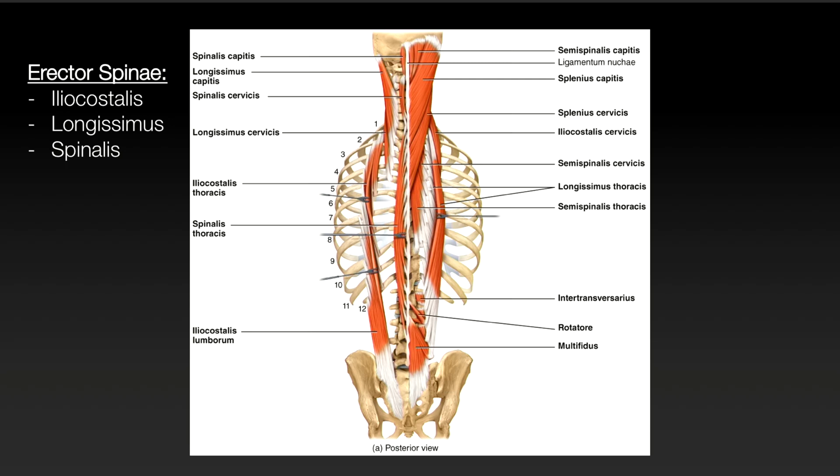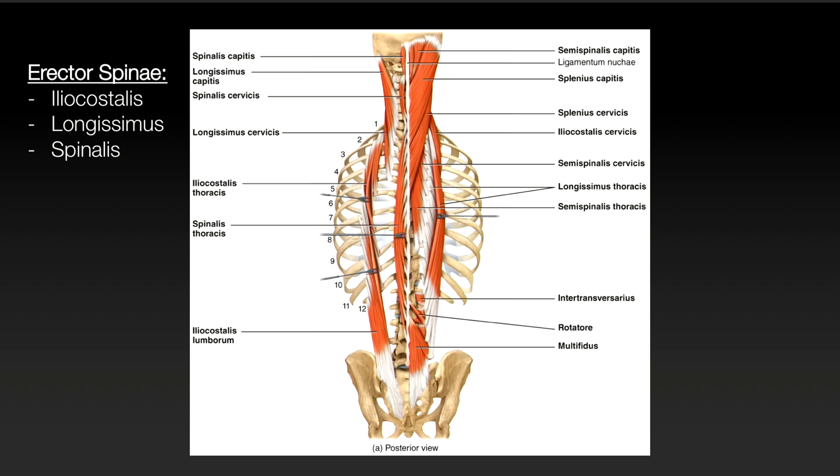The Erector Spinae muscles. They are iliocostalis, longissimus, and spinalis. Moving from lateral to medial, outside to inside. Iliocostalis, longissimus, spinalis.